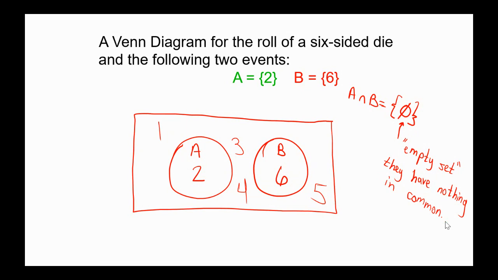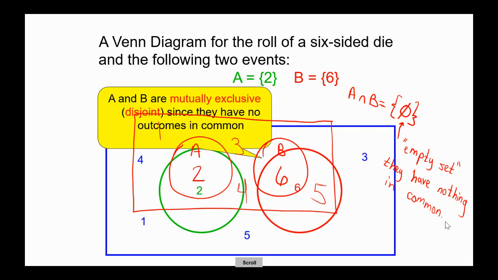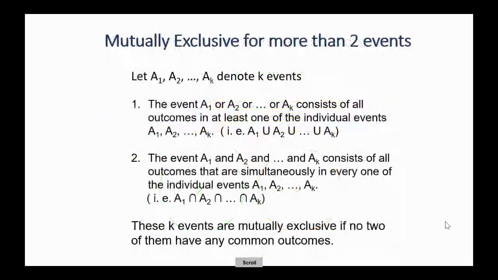Okay, let's talk about mutually exclusive for more than two events. So let A1, A2 to AK denote K events.